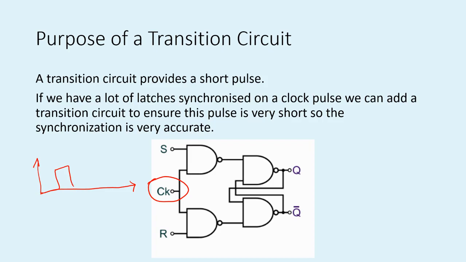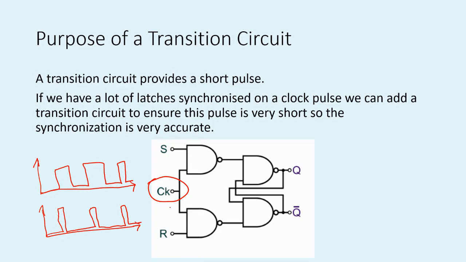So instead what we do is we put something like a Schmitt inverter as our input pulse, but we put that through a transition gate, which means that it will react only to the rising edge, or sometimes the falling edge, depending on what you want, and it will give a very short pulse in that sort of 5 nanosecond region on the rising edge.